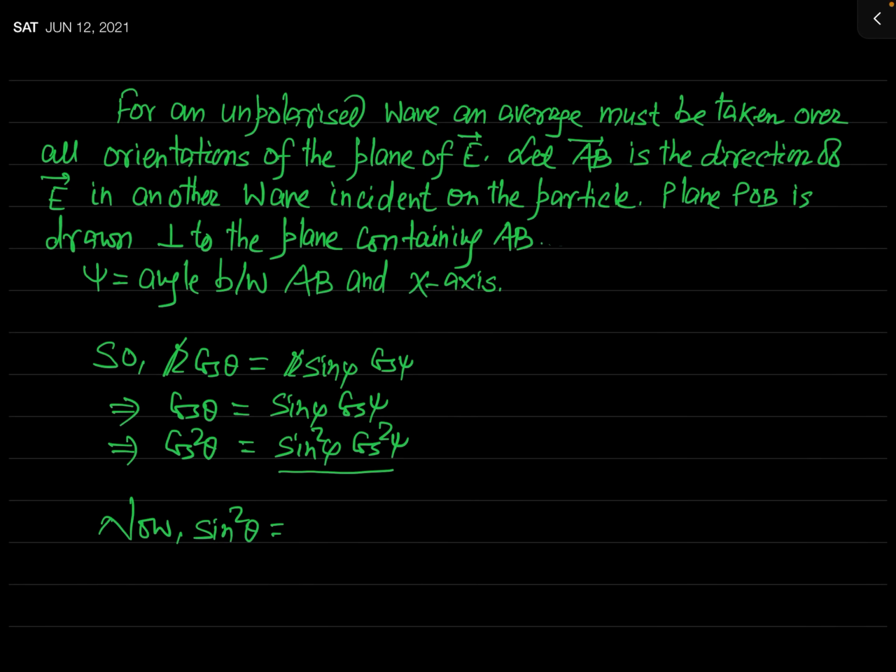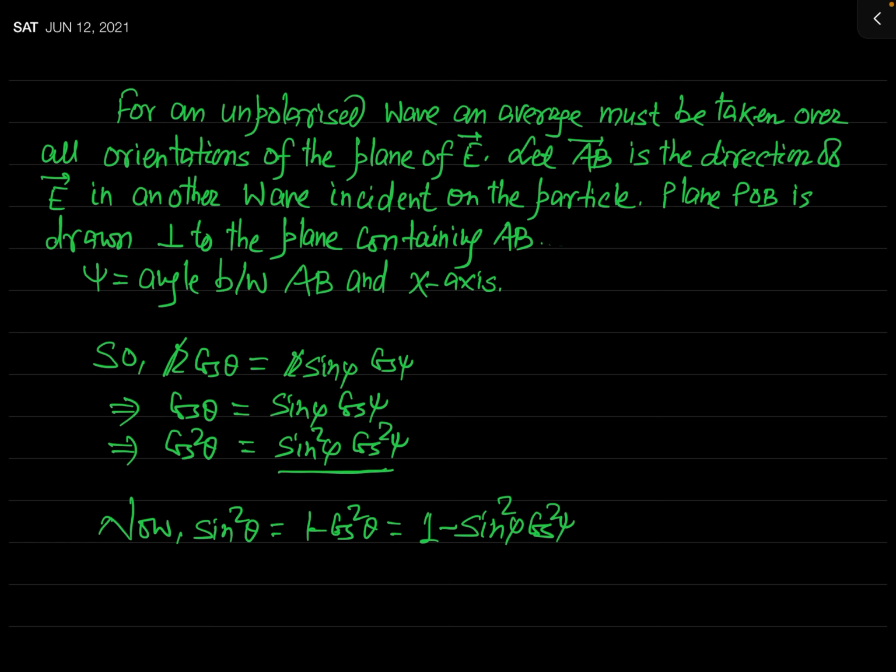So first of all I would like to calculate the value of sin square theta in terms of phi and psi. So this sin square theta, you know, is equal to 1 minus cos square theta, and since cos square theta is this much, you can write this is 1 minus sin square phi times cos square psi.